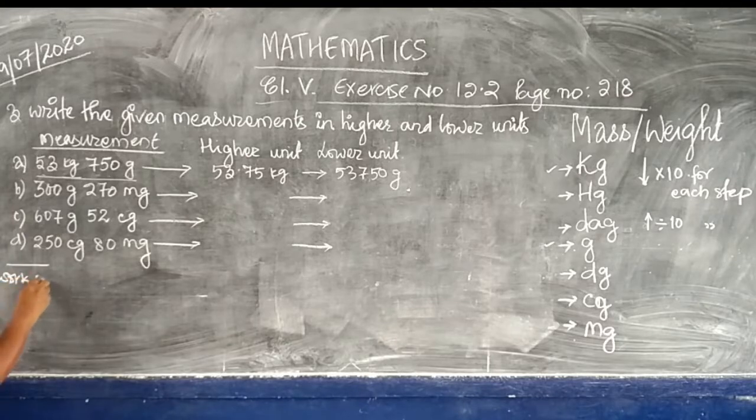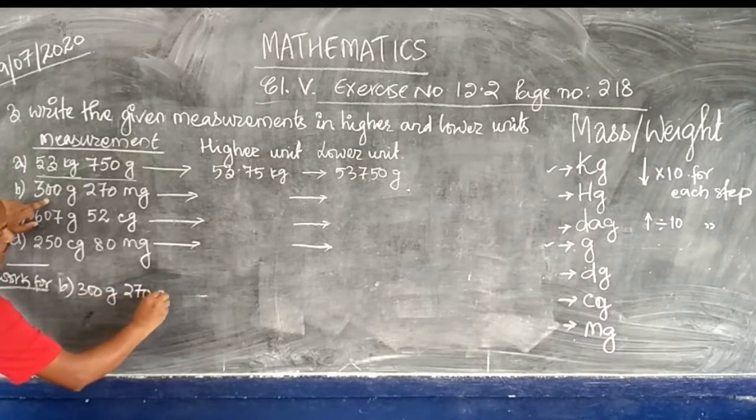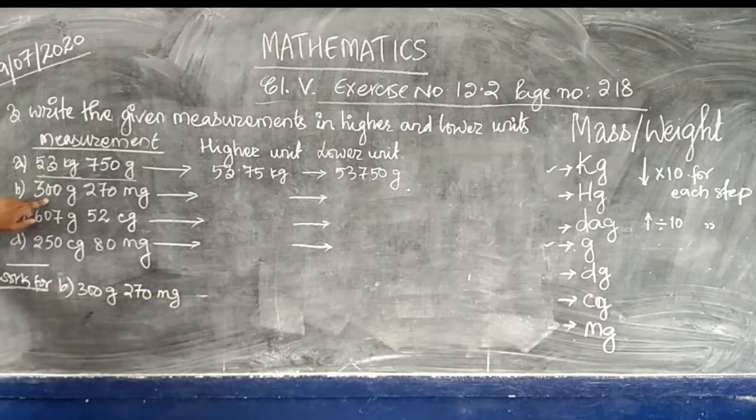Number B: 300 gram and 270 milligram. In the higher unit, this is already given in gram, so everything has to be converted in terms of gram.